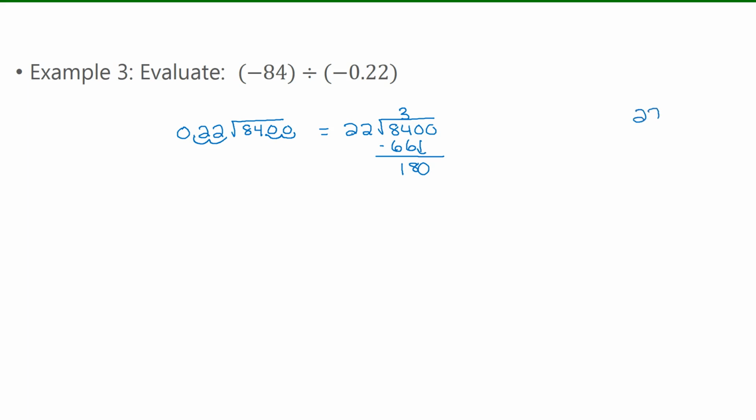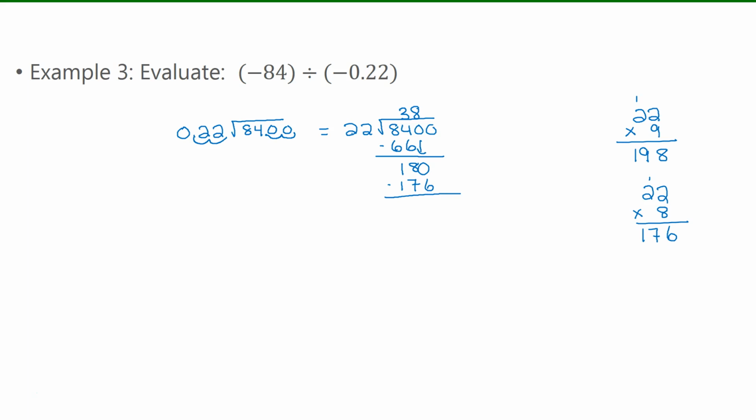I'm going to see what 22 times 9 is. 2 times 9 is 18. 2 times 9 is 18 again, plus the 1. So 198. That's a little bit too much. Let's see what 22 times 8 is. 16. 16 plus 1. 176. So that works. That would be 8 times 176.